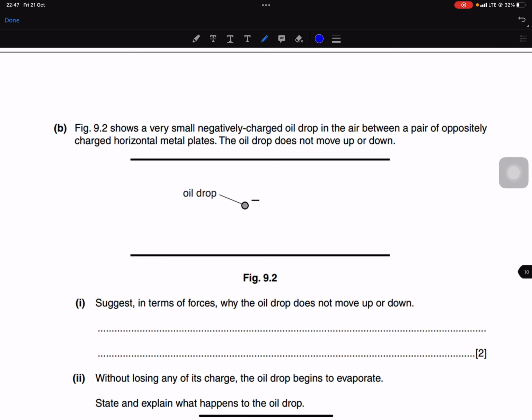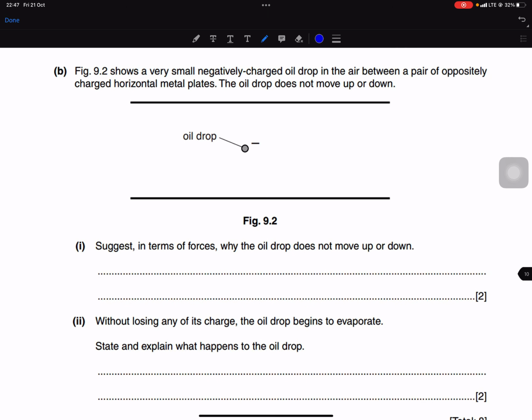Now, in this question, it says that there is an oil droplet which is negatively charged. So I'm going to assume that this is positive from the last question and this is negative. All right, suggest means just give your opinion according to what's given, in terms of forces, why the oil drop does not move up or down.